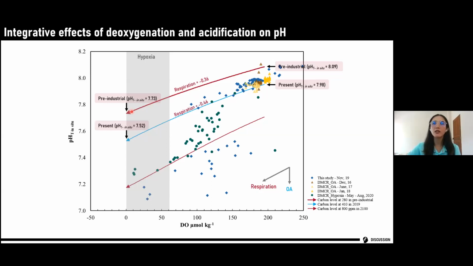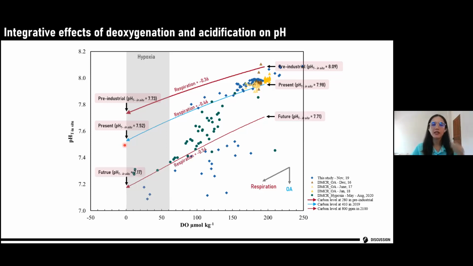At present, in 2019, when the carbon dioxide level was 410, and today from the Mauna Loa station it is 417, the pH value here shows the current pH 7.98 and will decrease to 7.52 at zero concentration of DO.